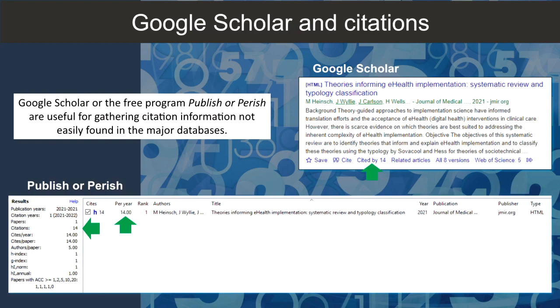The Publish or Perish tool harvests information in Google Scholar and can be useful for finding things like citation counts for theses, policy, and patents. It is free and can be downloaded with permission for use on a uni computer.